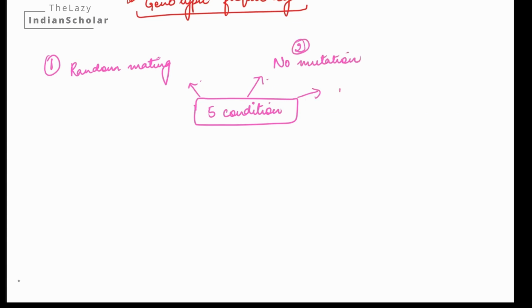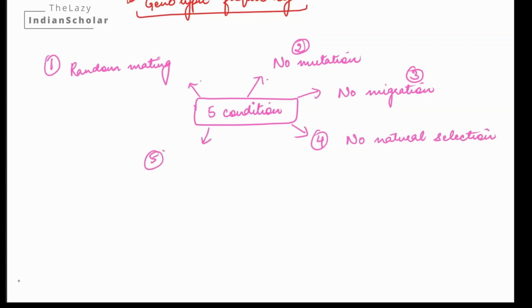Third, no migration should take place. Fourth, no natural selection of individuals should take place. And the fifth is that it should be a large population to avoid genetic drift.